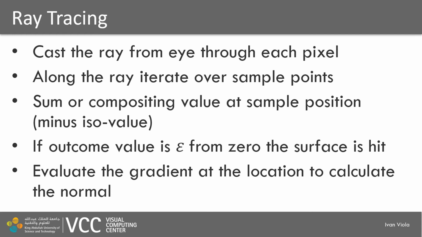So, as mentioned, the ray tracing is casting the ray through our space, and we are evaluating at some sample positions what is the value in the space. And for this evaluation, we are using all the skeletal primitives which are around.